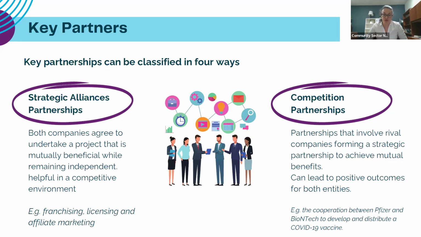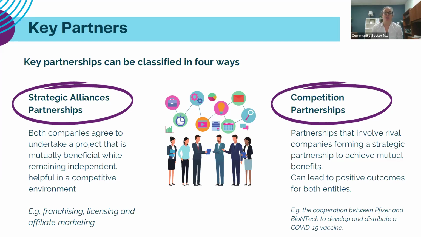And sort of the most widely known example of this in the private sector now is what happened in the COVID-19 pandemic, where both BioNTech and Pfizer had different technologies that were going to contribute to the development of the very badly needed COVID-19 vaccine.